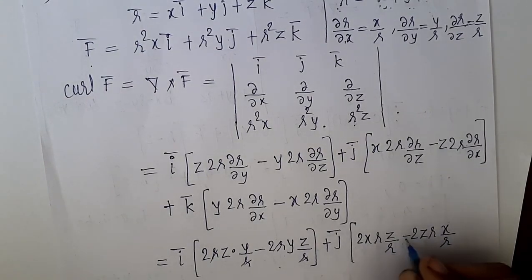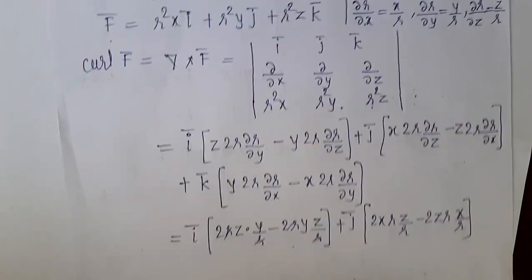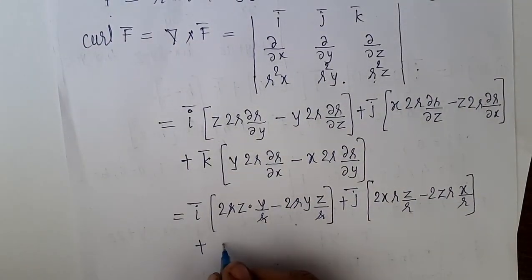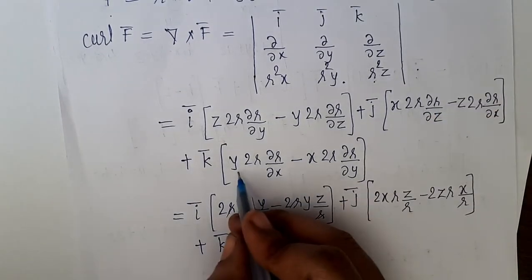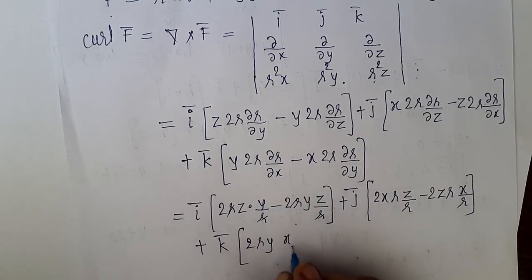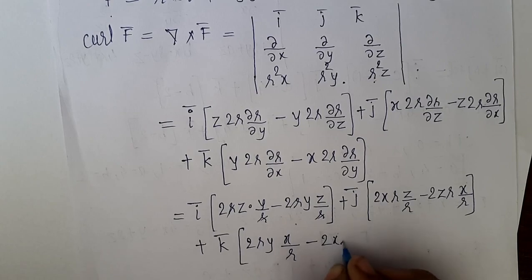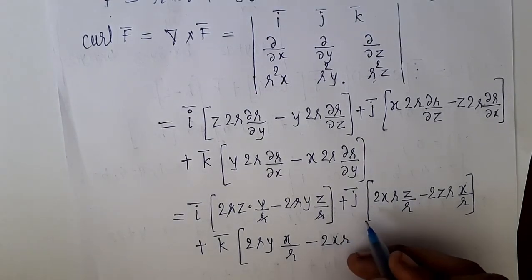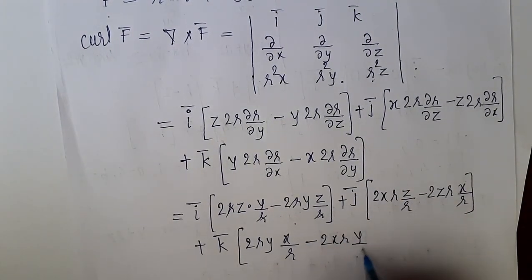Again we get xz, so again it is equal to 0 plus k times 2r y, del r by del x is x by r, minus 2xr, del r by del y is y by r.